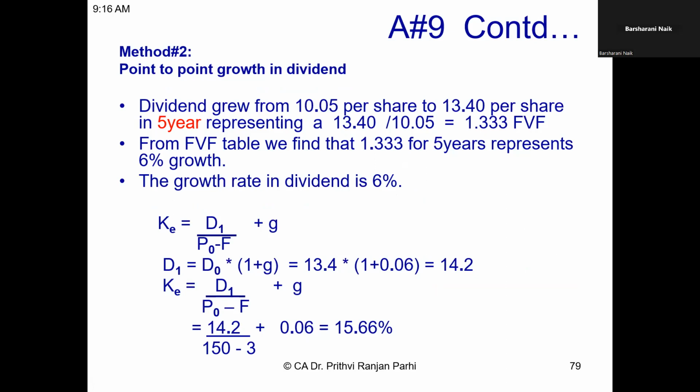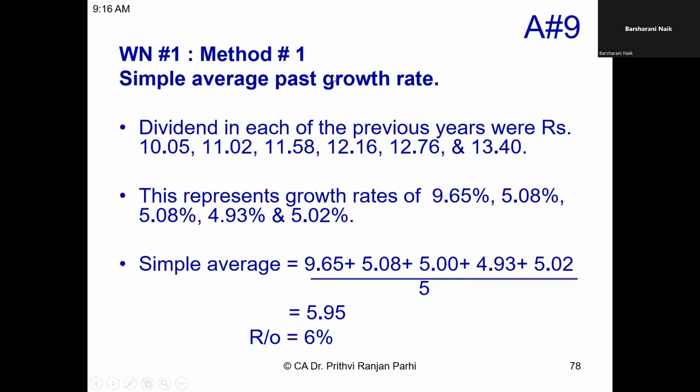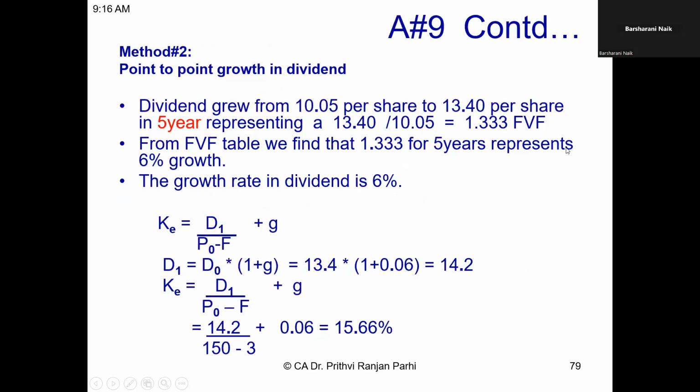Here you see how we are computing. If you see the dividend rate, in the beginning it was 10.05. At the end, it is 13.40. Are you able to see it? 10.05 becomes 13.40. How do you compute growth? If 10.05 is the present value, 13.40 is the future value.